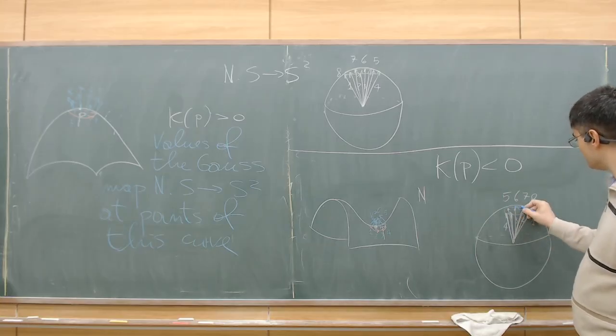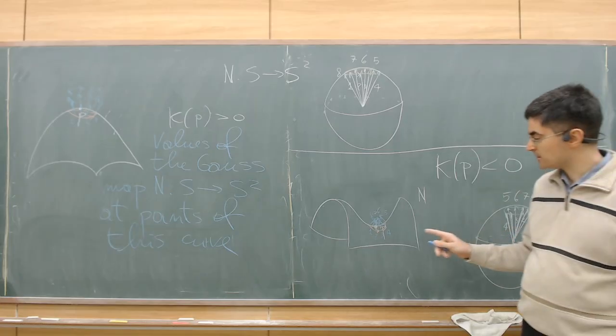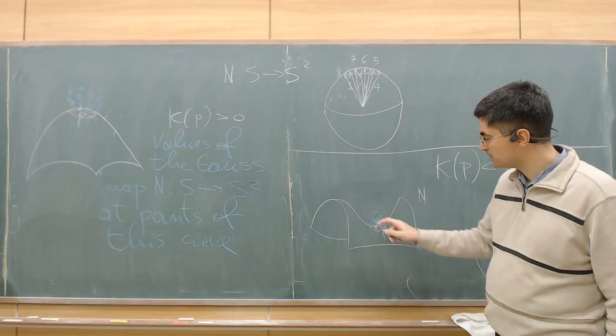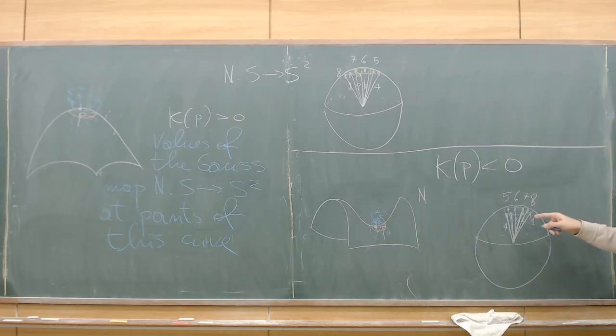Is this. And now observe the fact that if I move on this loop moving from 1 to 8 this way, I move on this loop from 1 to 8 in the opposite direction this way.